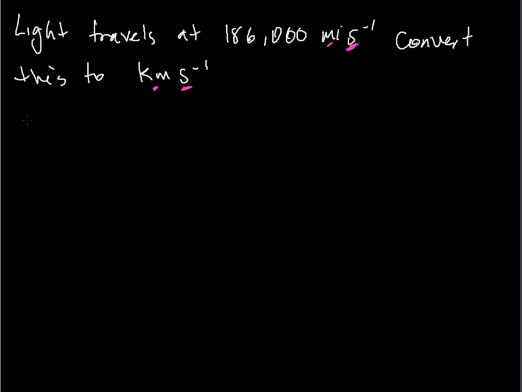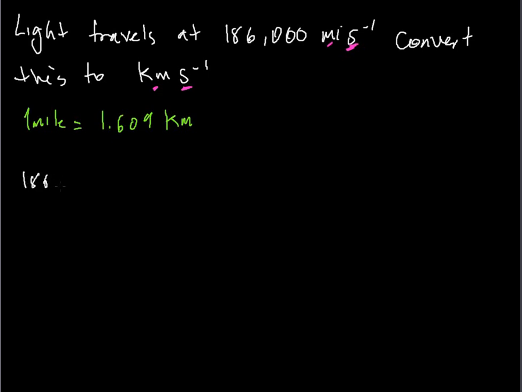We know that 1 mile is equal to 1.609 kilometers. And so we have our conversion factor, and the next thing we want to do is write out our values again.